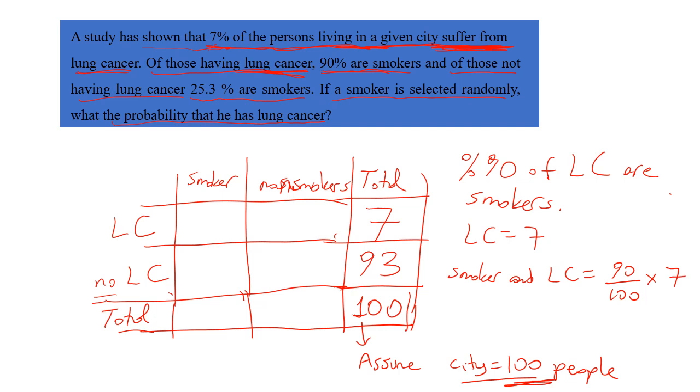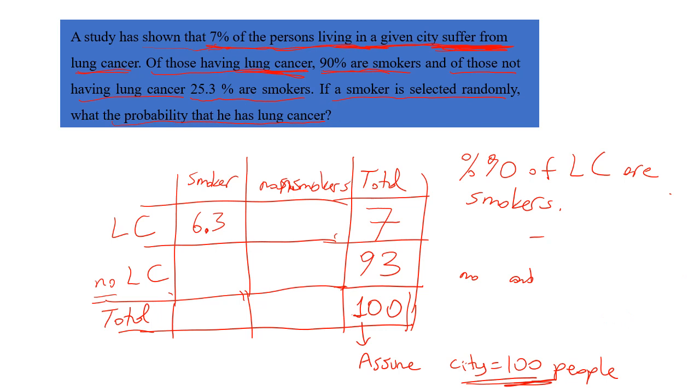If we do this calculation, we end up with 6.3. Now, the number of LC and smoker is 6.3. Here we have a decimal number, but it's okay because we assumed the city is 100. In reality it would be 100,000 people, so this 6.3 would be maybe 6,300. With our assumption, these numbers are okay, even if they're decimals.